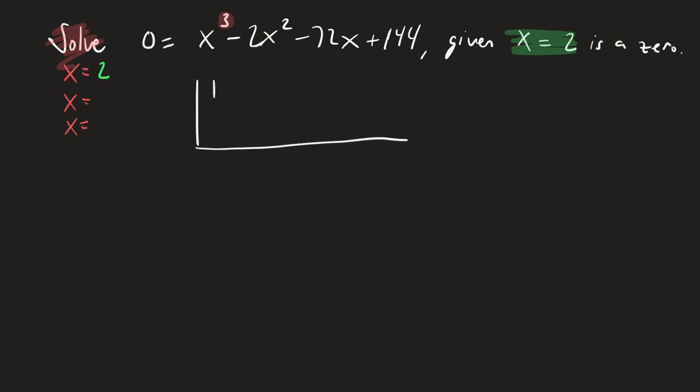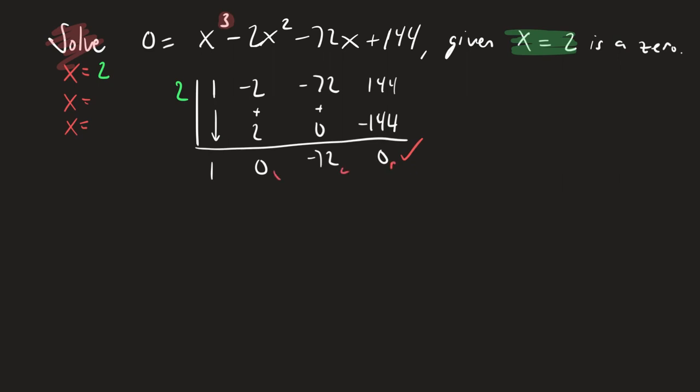So 1, negative 2, negative 72, 144. Our 0 is 2, so I don't need to change the sign. They didn't give me a factor. Drop the 1 down. 1, 2 times 1, 2. Add down is 0. 2 times 0, 0. Add down, negative 72. 2 times 72 is 144, and that's negative, which is awesome because that gives me 0.